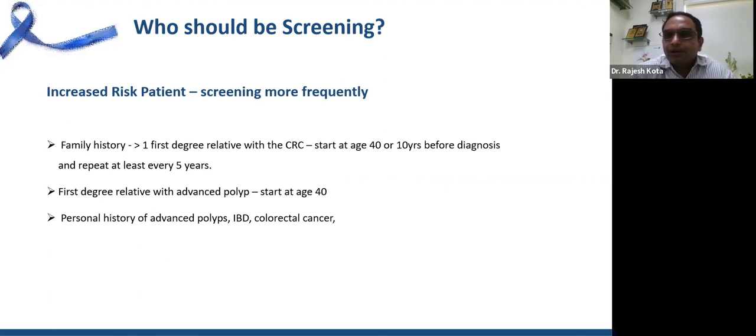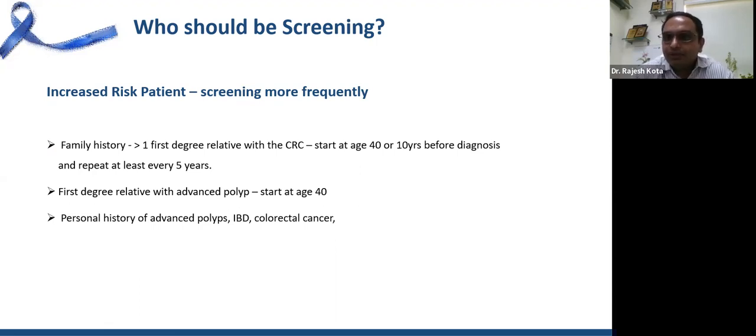So if someone among our first degree relatives has a colon or rectal cancer, the screening should start ideally at 40 years of age, 10 years before the routine screening at 50 years. Or, if your first degree relative has got colon or rectal cancer at, let's say, 44 years of age, then 10 years younger than that age at diagnosis.